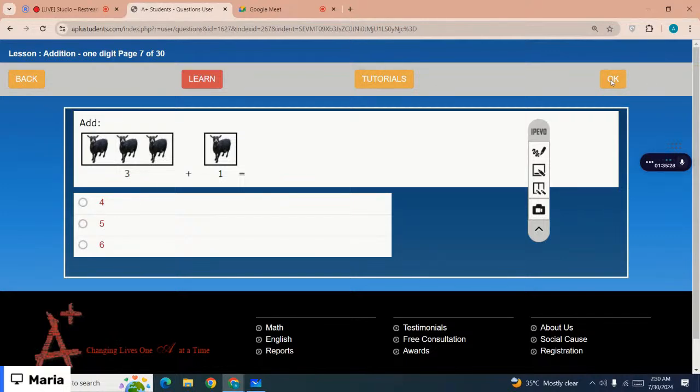So which is the correct option? Three plus one is four. The correct option is four.